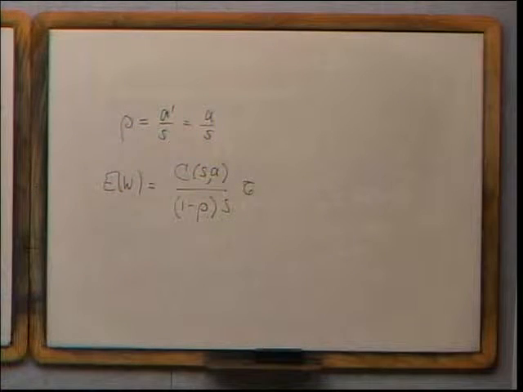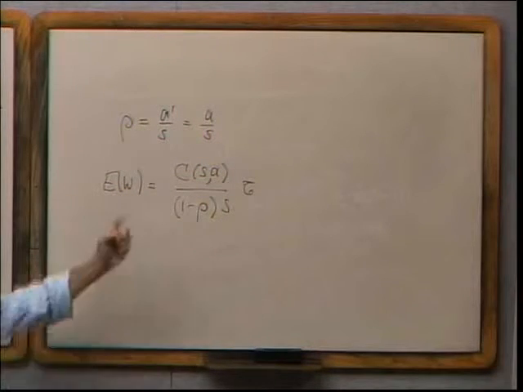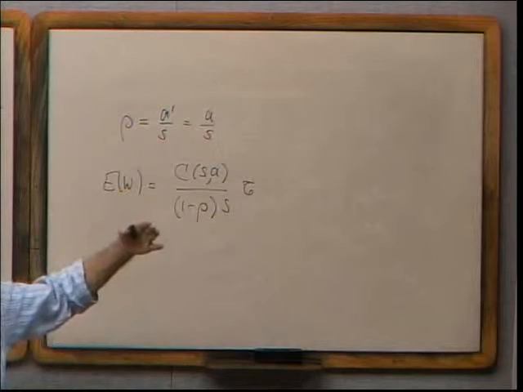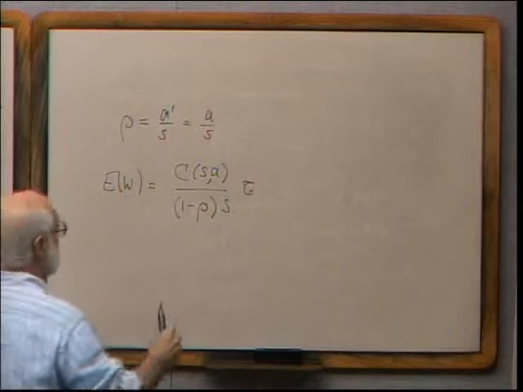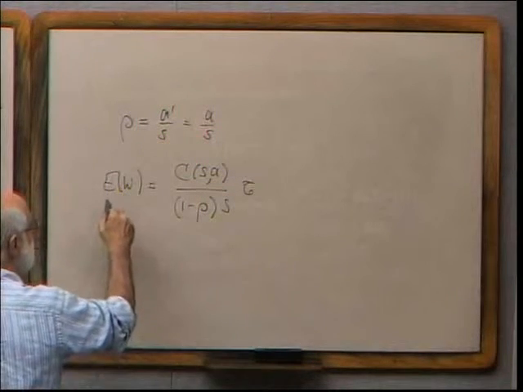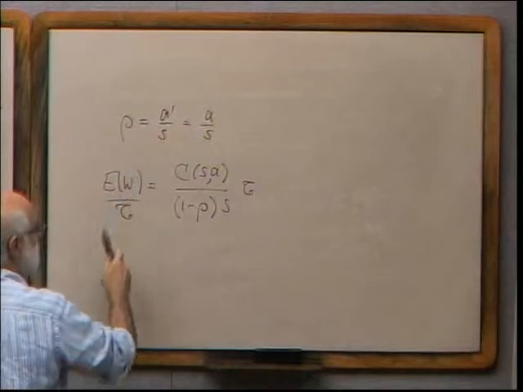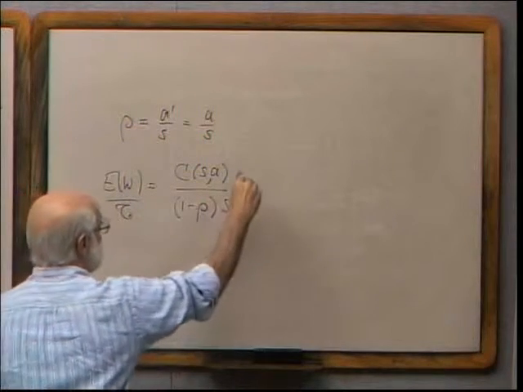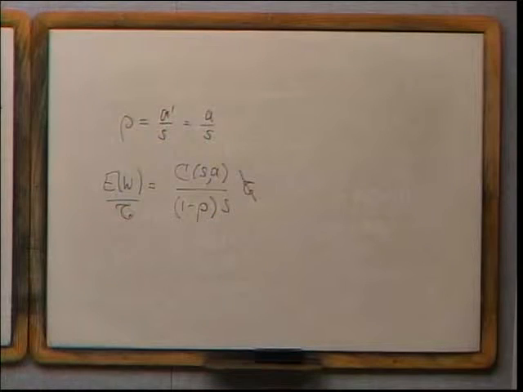Of course, what I'm asking you to do is to calculate the expected value of the waiting time in units of average service time, which means effectively that you're going to call tau equal 1, and what you're going to have is the average waiting time in units of average service time. So when you run the simulation, the way it was written for homework number 1, everything was written in terms of seconds.